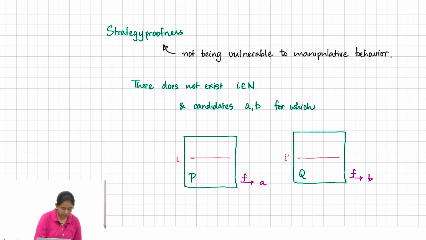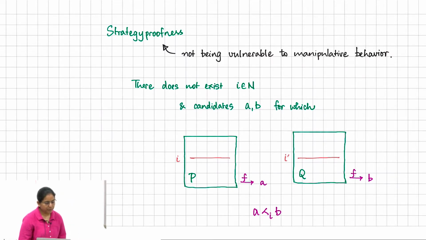So B is preferred over A in the truthful vote of the voter I. So I'm using the word truthful here in an intuitive sort of sense.